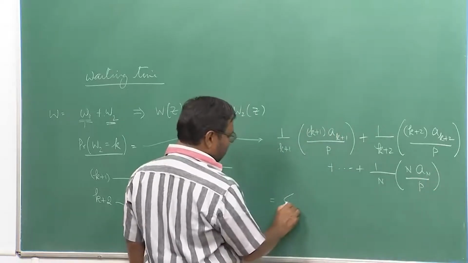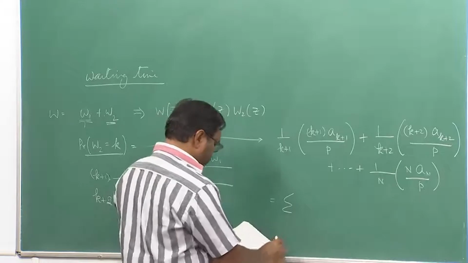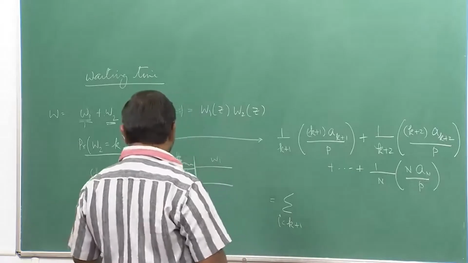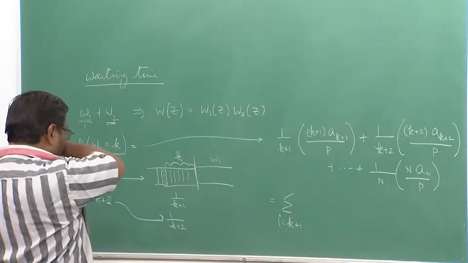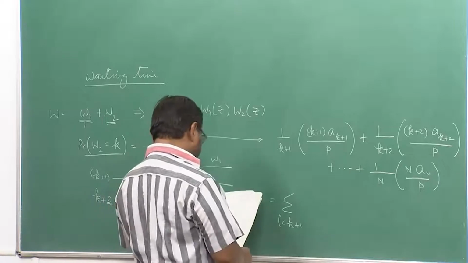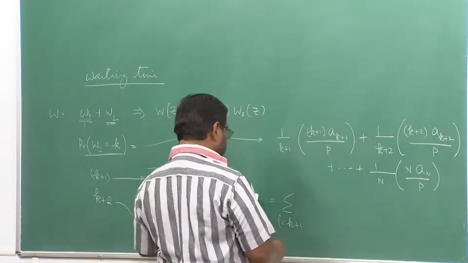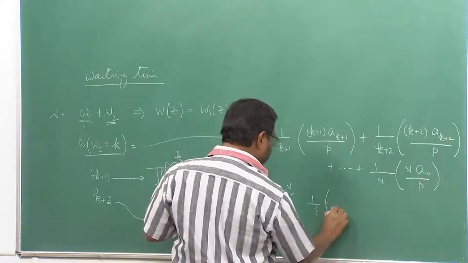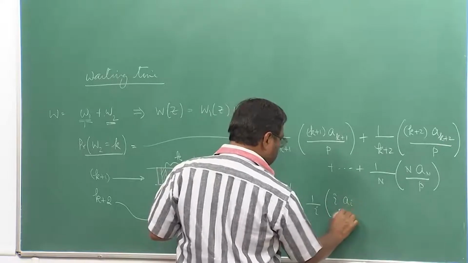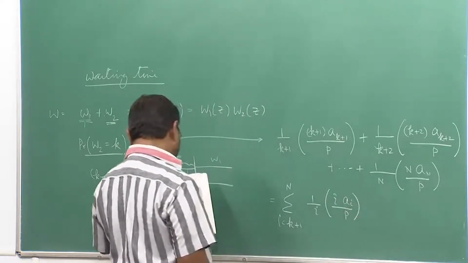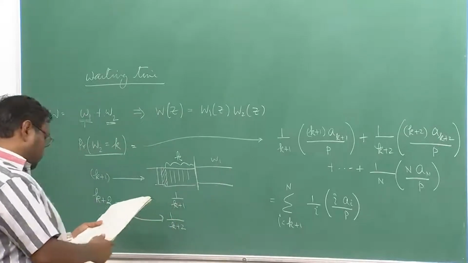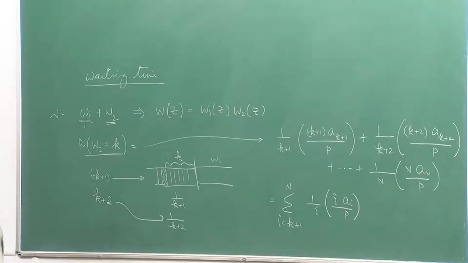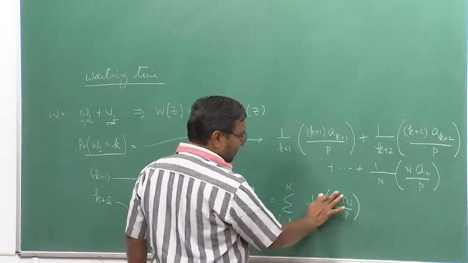So, I can write this as summation I equal to K plus 1 to n of 1 over I. This is the probability that W2 will be equal to K. This I will cancel out, so I will have AI by p.